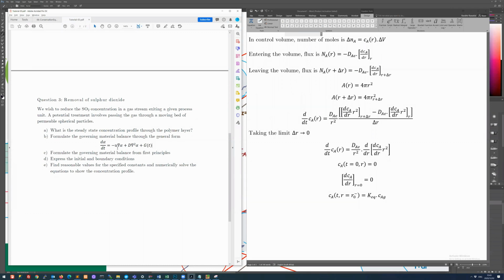With momentum, you had a u d/dx of u term, and then viscosity times d2u/dx squared. So by analogy with momentum, this is your viscosity term, and this was your convection term.